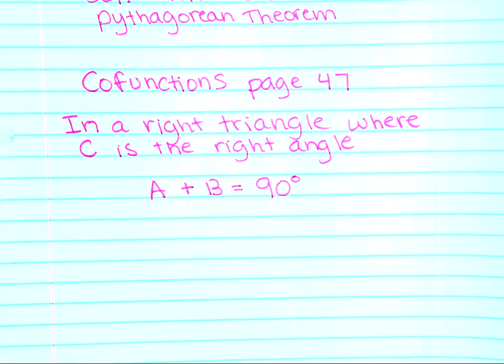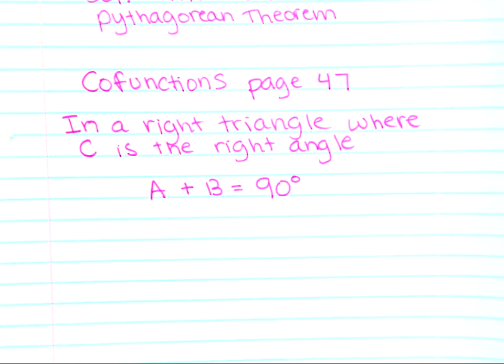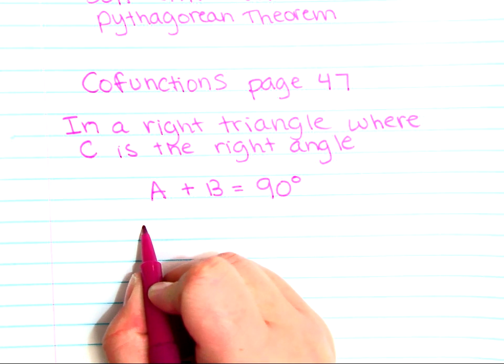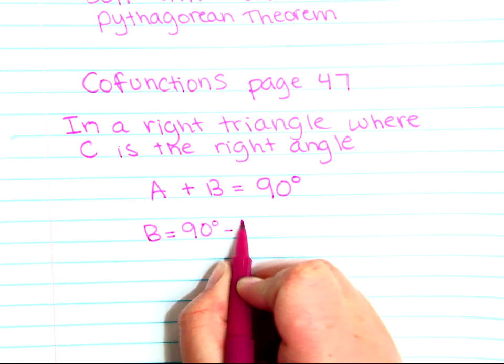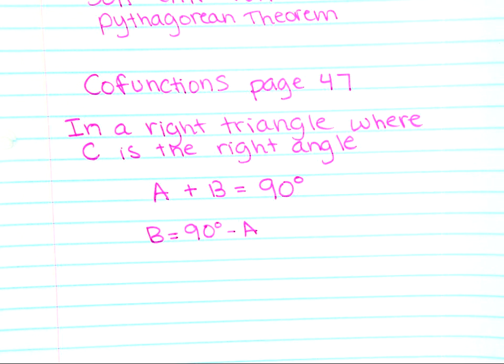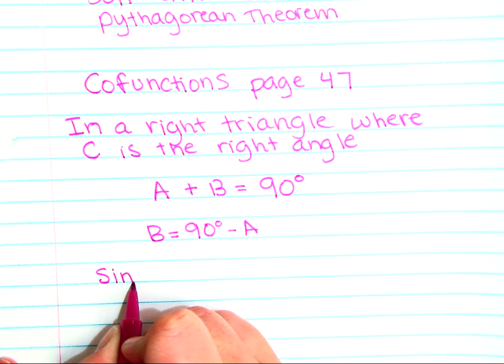And that is true every time. If C is the right angle, then A plus B has to be 90 degrees. Which gives me that B is equal to 90 degrees minus A.